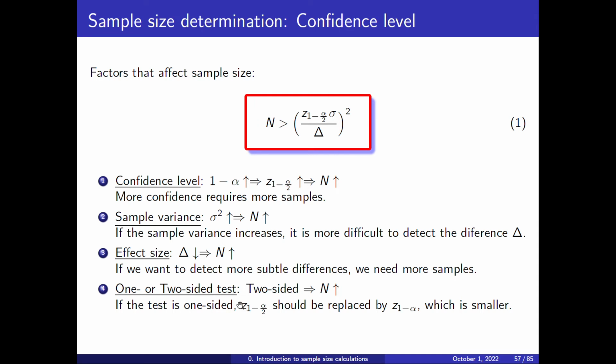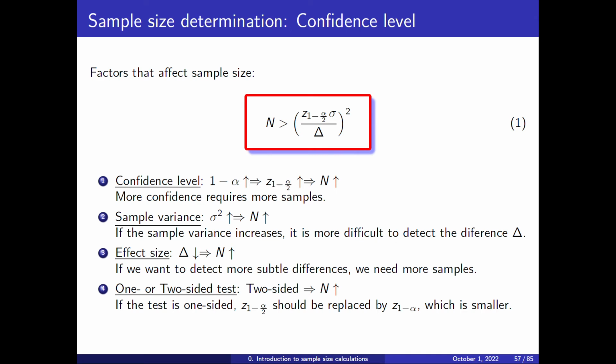And the effect size, if you want to detect smaller changes, so if instead of detecting a change of 0.5 milligrams, I want to detect a change of 0.1 milligram, I will need more samples, and so it goes to the denominator. It is interesting to see that all these dependencies are quadratic, so they grow quadratically with the changes that you are doing.